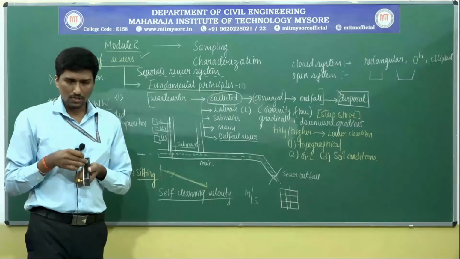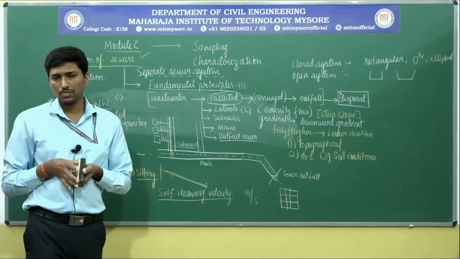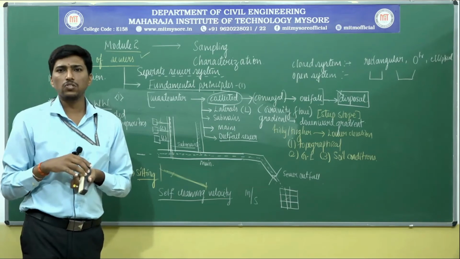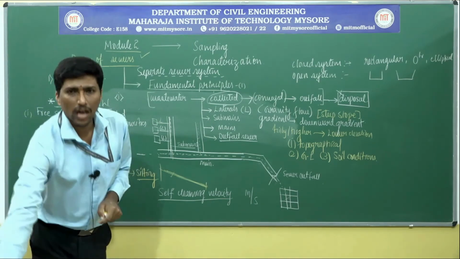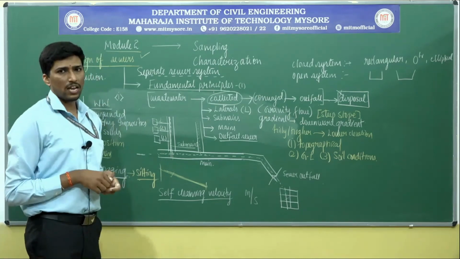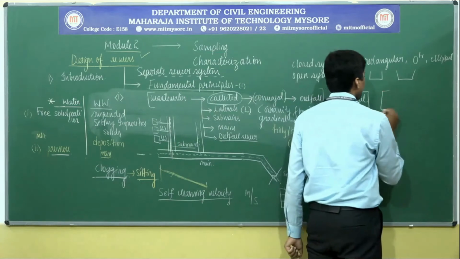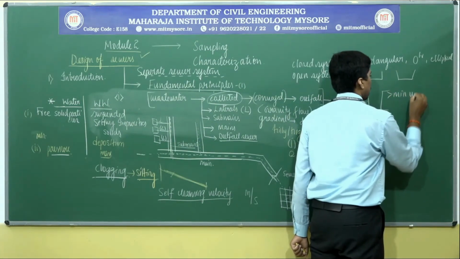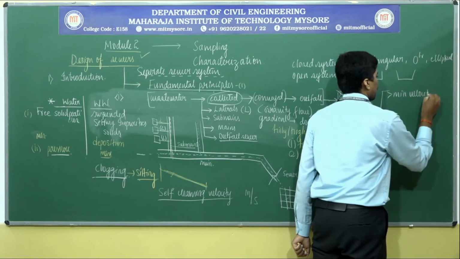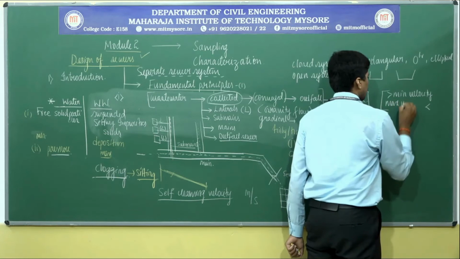So the surface layer suffers wear and tear, or abrasion takes place. This wear and tear has to be minimized. Upon the minimization, we need to have the optimum design velocity consideration. So it has to be maintained greater than the minimum velocity and less than the maximum velocity.